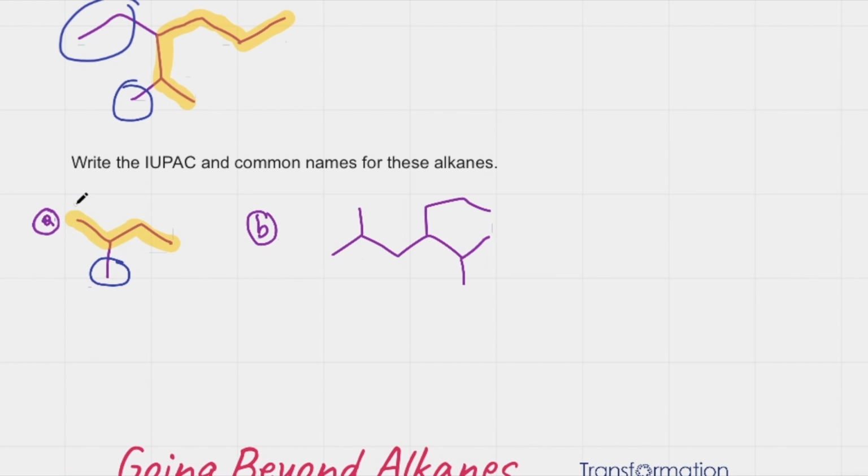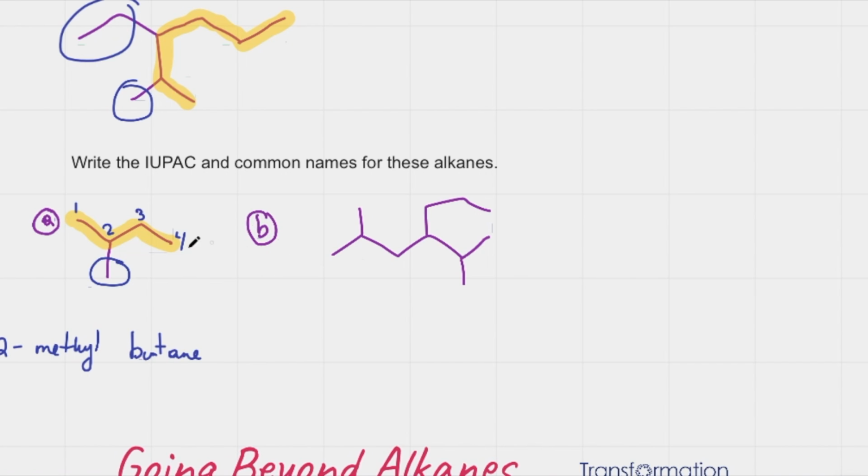That will be the left. 1, 2, 3, 4. Because we said we have a 4 carbon chain, it's butane. And because we have 1 substituent on carbon 2 and it's 1 carbon, so this is 2-methylbutane.